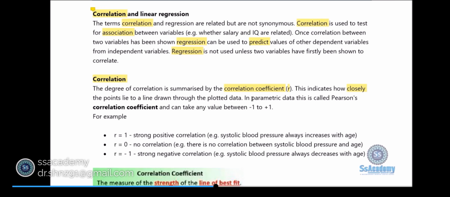We already learned that for parametric data. It can take any value between -1 and +1.